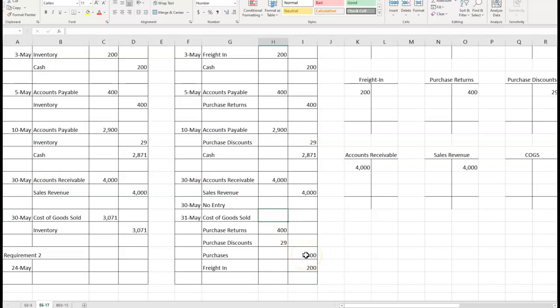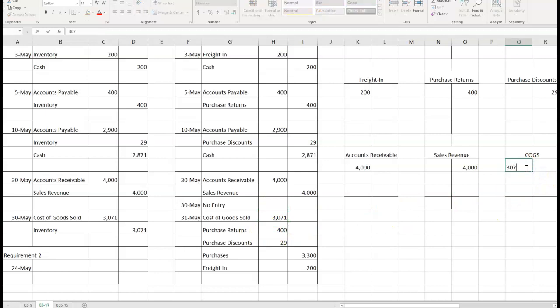What is it? Well, what makes this journal entry balance? This is 3,300, this is 200, subtract 400, subtract 29, and come up with 3,071. Now our debits equal our credits. And that's the cost of goods sold. It's the same, it's just accomplished differently. So it's still 3,071. So let's post these.